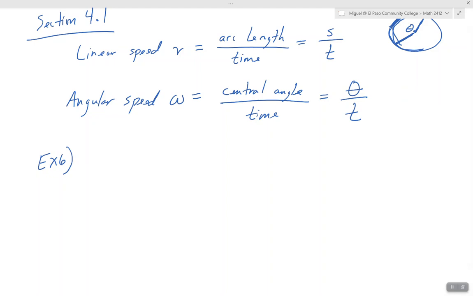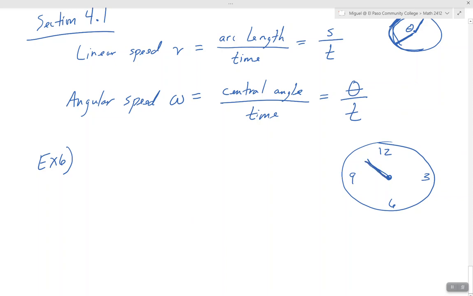All right, let me read you the problem. The second hand of a clock is 10.2 centimeters long. Find the linear speed of the tip of the second hand as it passes around the clock face. Okay, so there's a clock, and it's giving us the time.